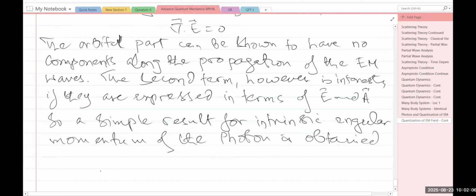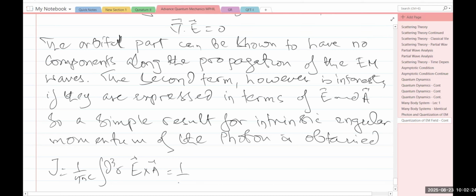How do we substitute? So we have J, which is equal to 1 upon 4 pi c integral d3r, and what we are integrating is E cross A, because the other term is the orbital part.